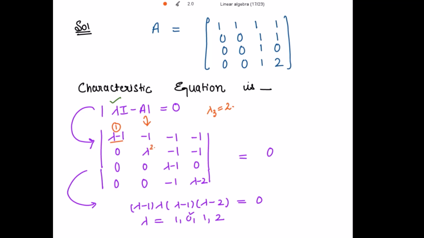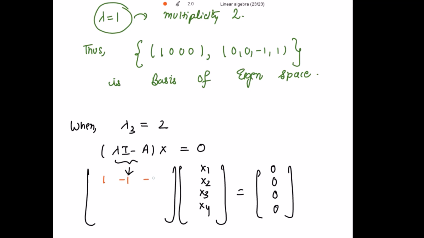Then 0, this is 2 minus 1, minus 1. Then 0, 0, 2 minus 1, 1, and then 0, 0, minus 1, and this is 0. So this is 1, -1, -1, -1, and then 0, 2, -1, -1, and then 0, 0, 1, 0, and then 0, 0, -1, 0.